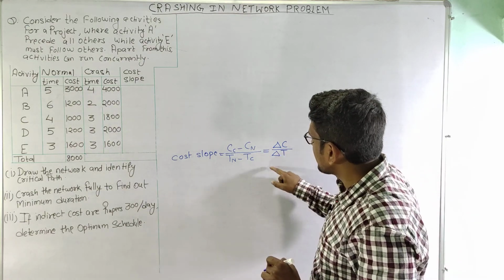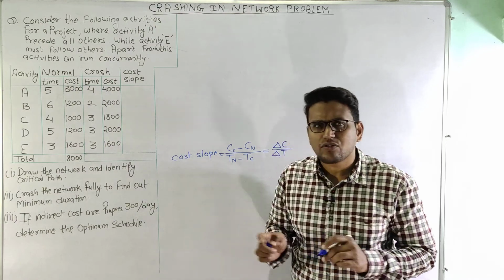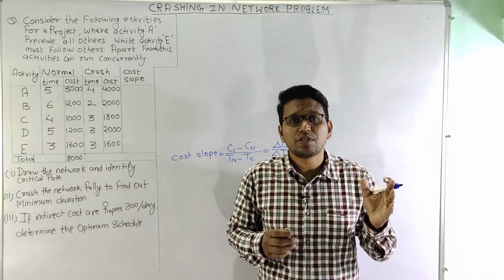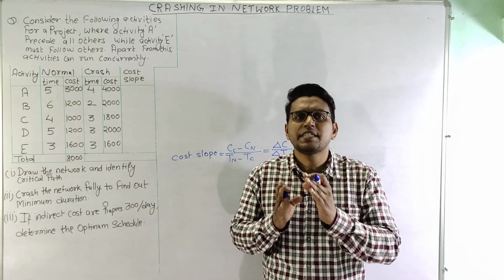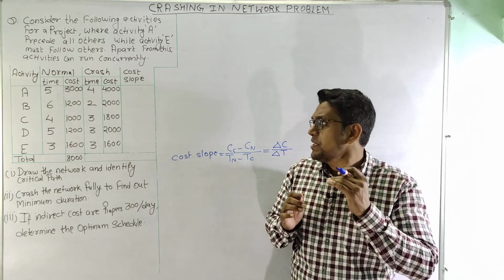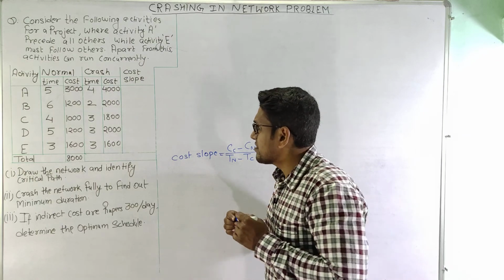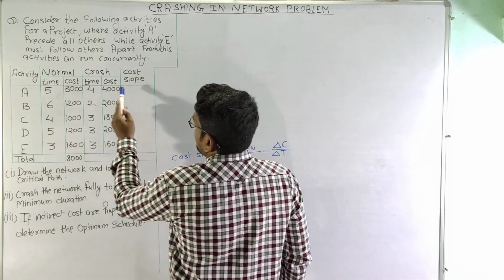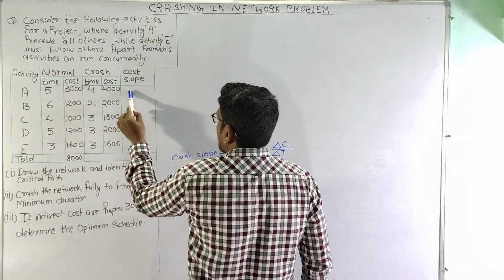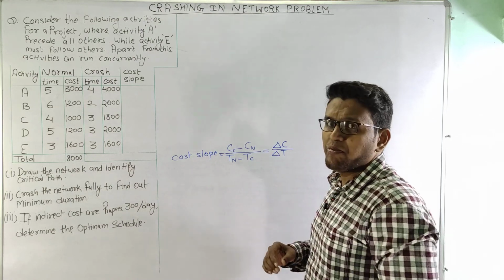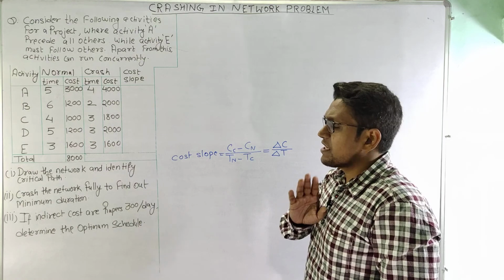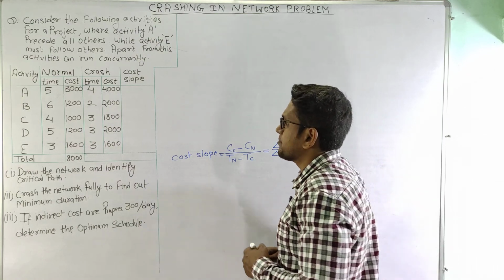By this we get the value of cost slope, and the cost slope shows the potential increase in the direct cost per unit time if the activity is to be crashed. So if activity A is to be crashed, we will find the increase in cost when the activity is crashed by 1 day.